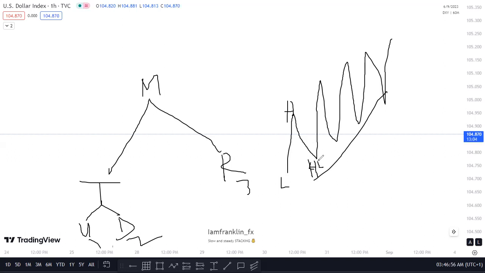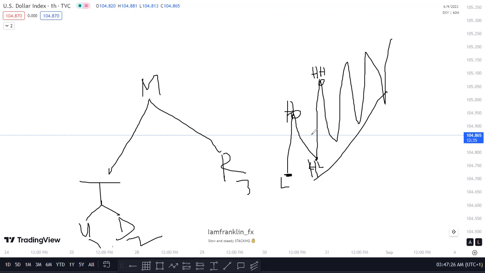Why is it a higher low? You can see that this low here was not taken out. After this high, this low came down, but this low is higher than the previous one. So we call it a higher low. And after that, we create a higher high. You can see that this high is higher than the previous high.